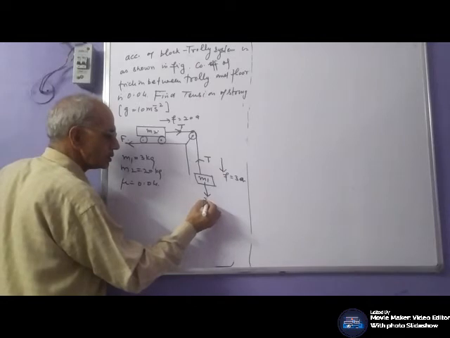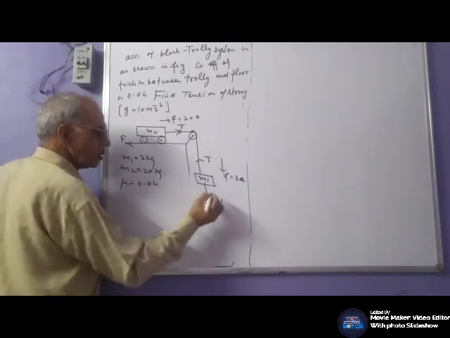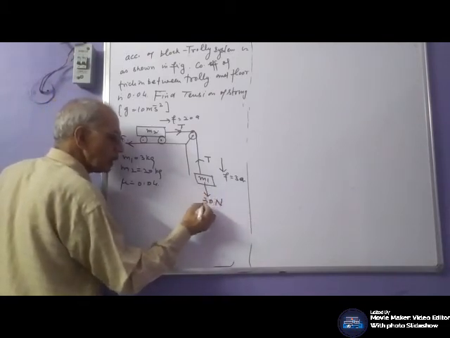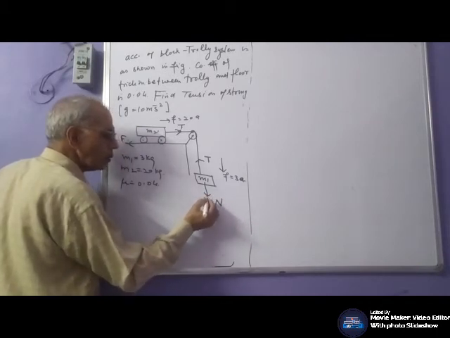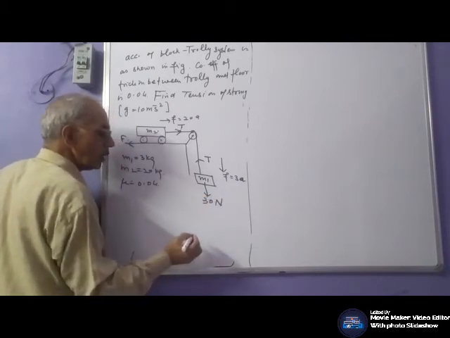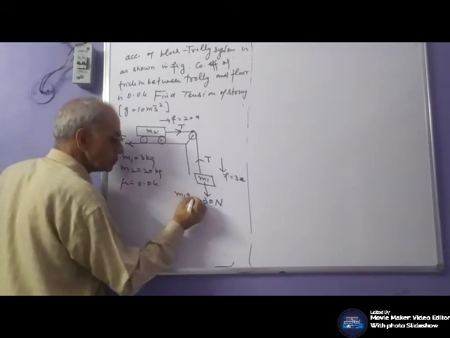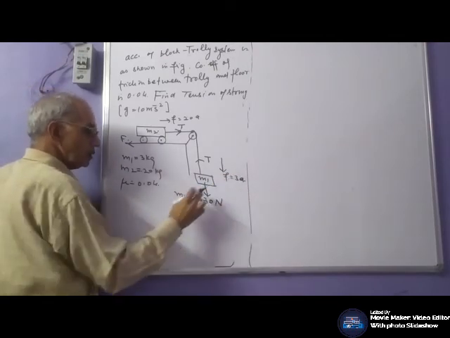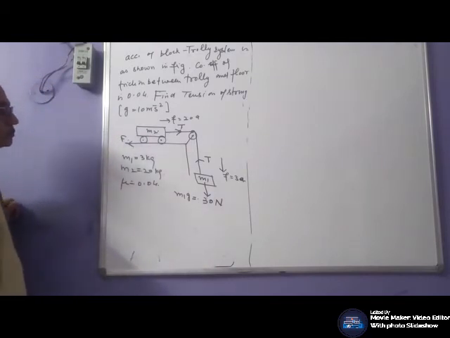Mg. Its weight is what? 30 Newton. Why? It is M1 g. M1 is 3, g is 10, so it is 30 Newton.